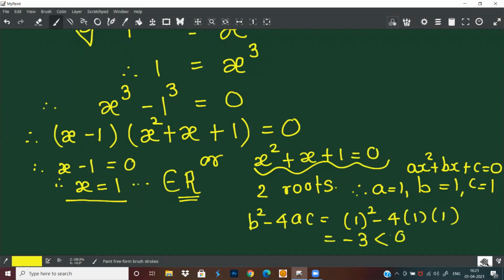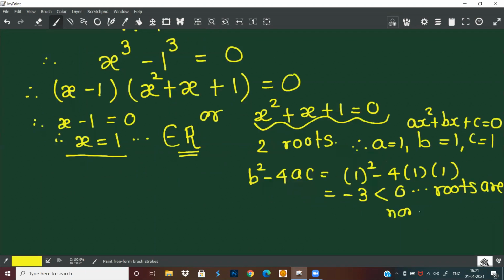So when the value of the discriminant is less than 0, it is negative. The roots are non-real. They are complex cube roots. Now, this is the real root, and this equation will give us two complex cube roots of unity. So there will be three roots, out of which one is going to be the real one. The other two are complex.